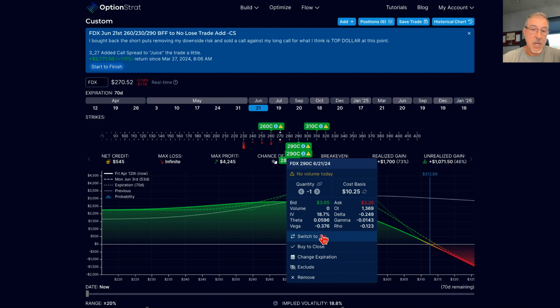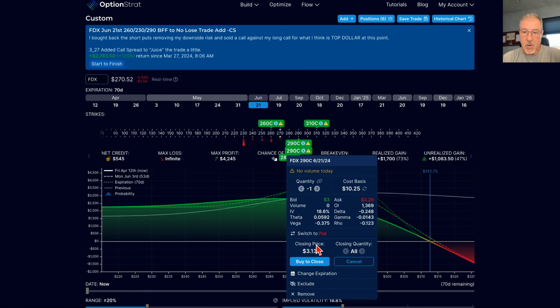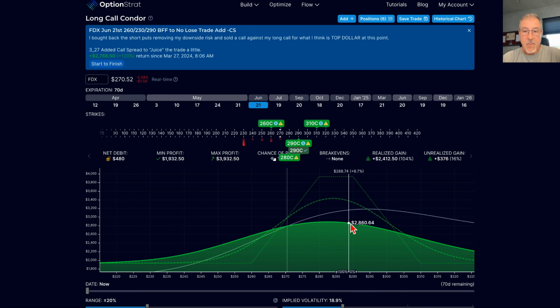So this is essentially creating a new spread, where I'm buying one of these back and selling a lower one. So let me just come in here and buy to close. I'm just going to go on the mid of the bid-ask spread. So I'm just going to buy to close at the mid. And then this is now our new trade.